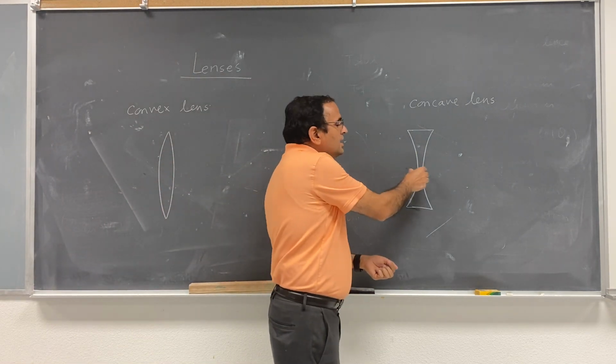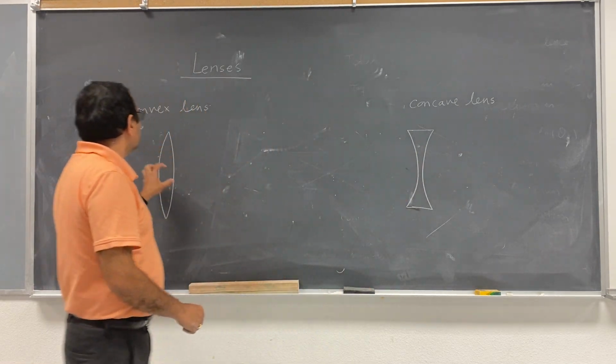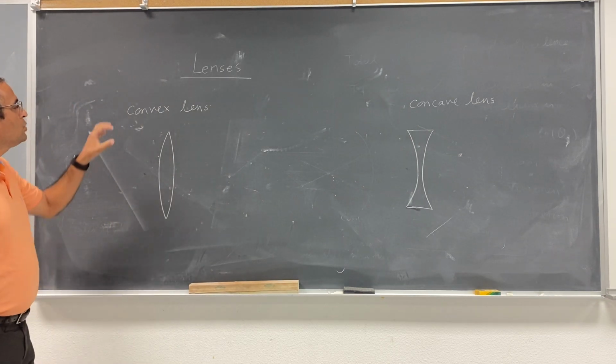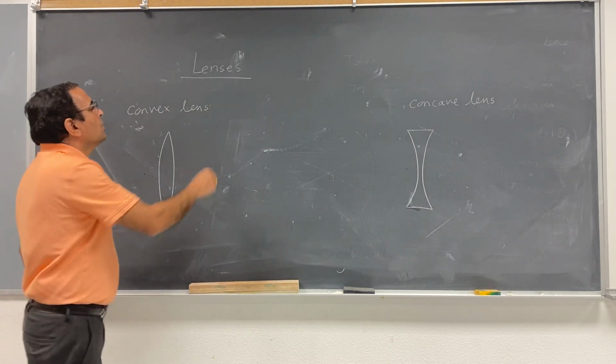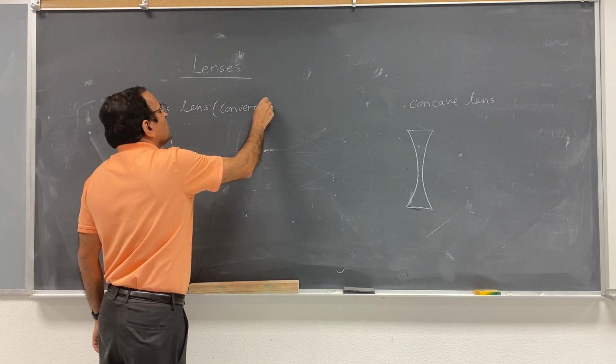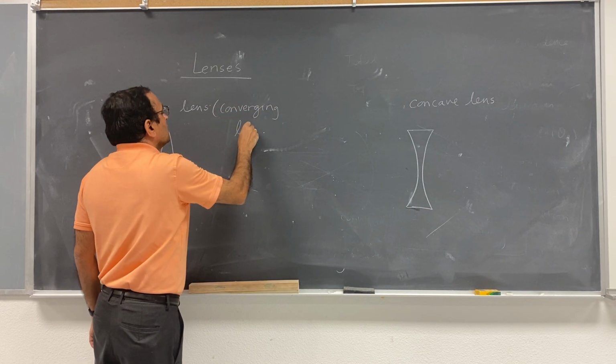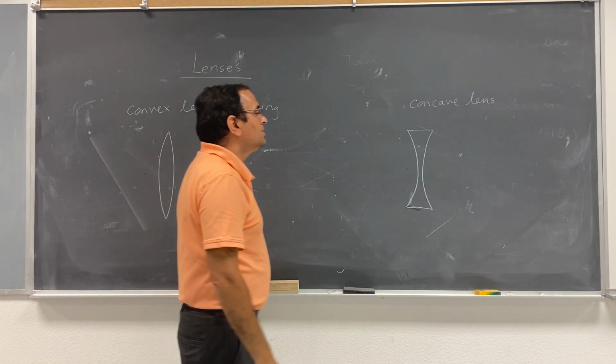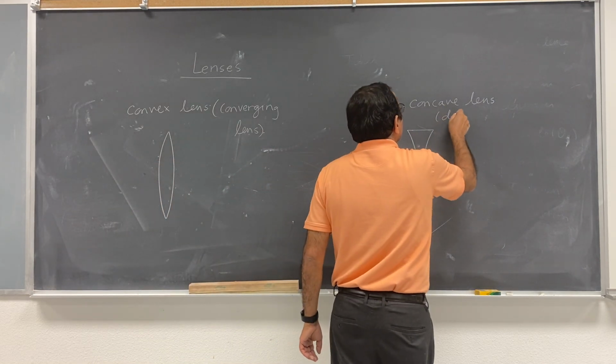The concave lens is thin in the middle. The convex lens is thick in the middle. Now the convex lens, we call this a converging lens, sorry, converging lens, not mirror. And this is a diverging lens.